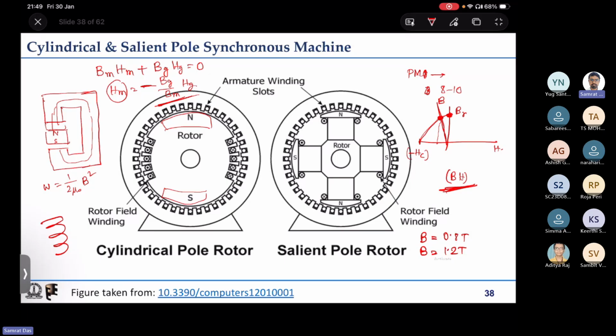There also, some 20 to 30% increase can be there. So overall, compared to the induction machine or the cylindrical pole synchronous machine, PMSMs can have roughly 50 to 60% less volume for the same power rating. Rough numbers.